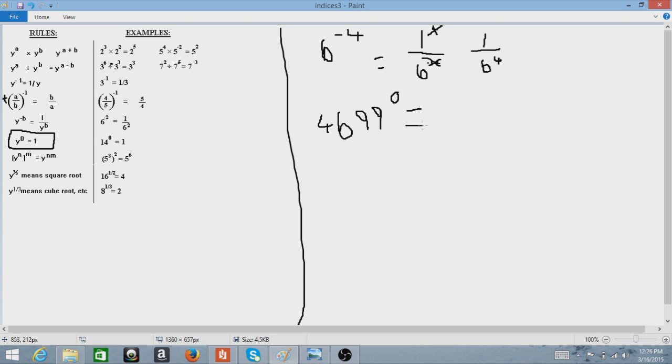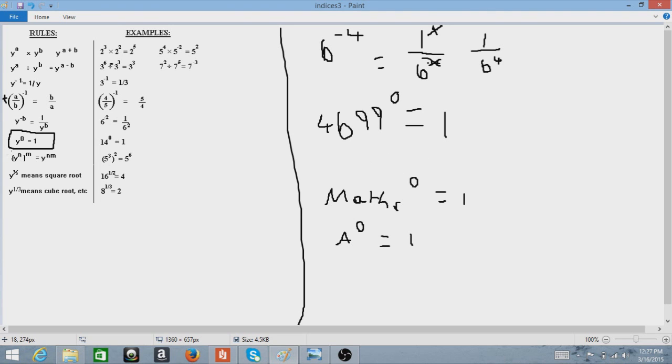That is simply 1. Let's say I have maths, a general example, maths to the power of 0 is simply 1. Let's say I have an a to the power of 0, simply 1. General rule.